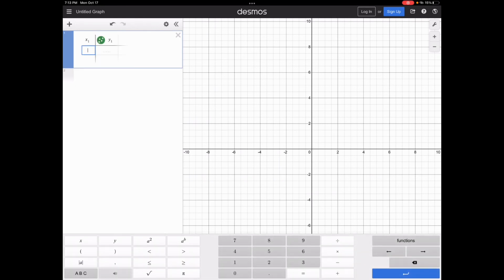In the calculator that I've shown you, you go to Stat, and you put them in the table, Stat Edit. In Desmos, we go to the plus button. Just putting in all my x values, and then I'm going to put in my y values.